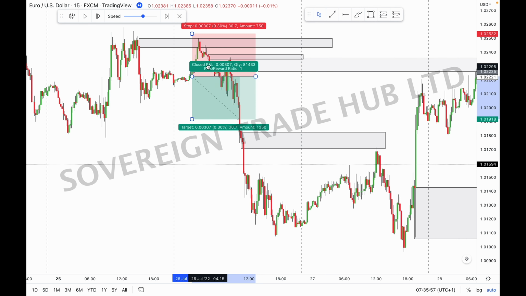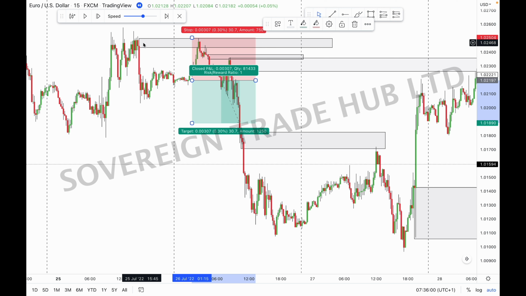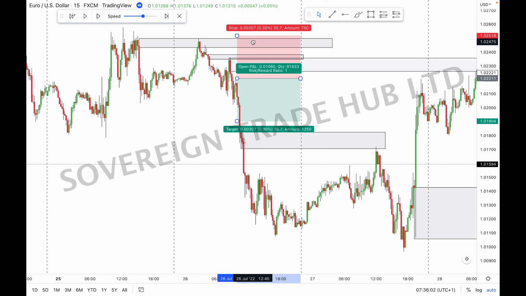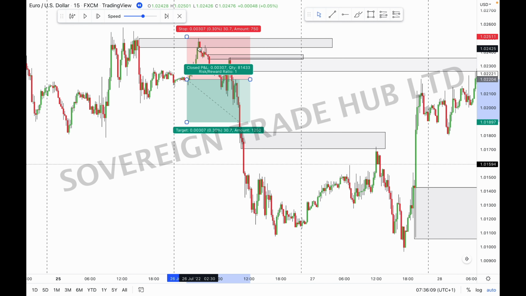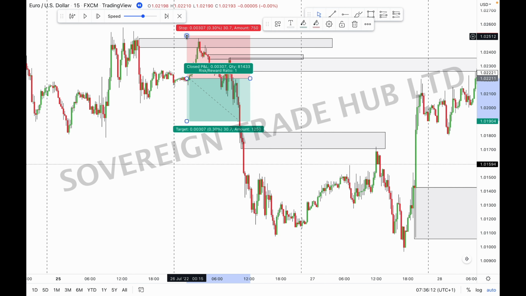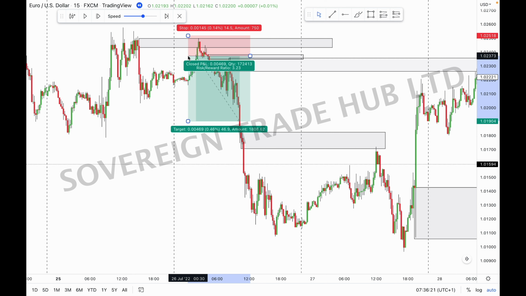Now, take a look at what I'm about to do here. This zone has been mitigated. This zone here has been mitigated by price action here. So you place your stop loss behind. Your stop loss level should be above it. Not minding wherever you are entering from, it's safer to place your stop loss behind it.